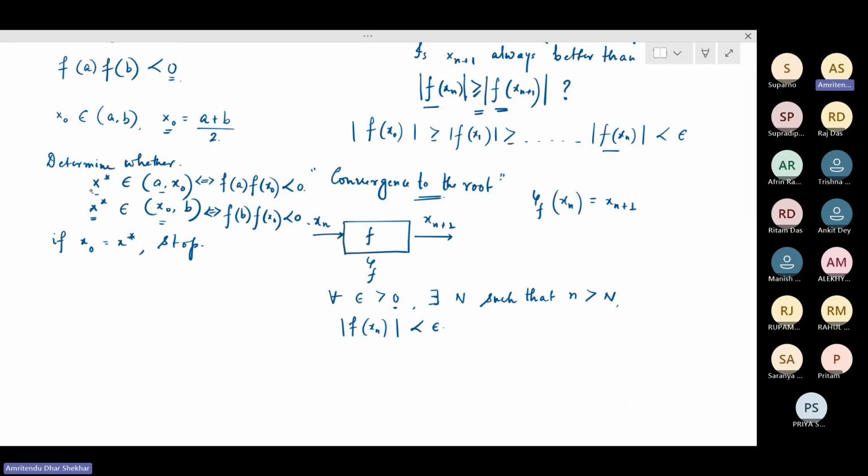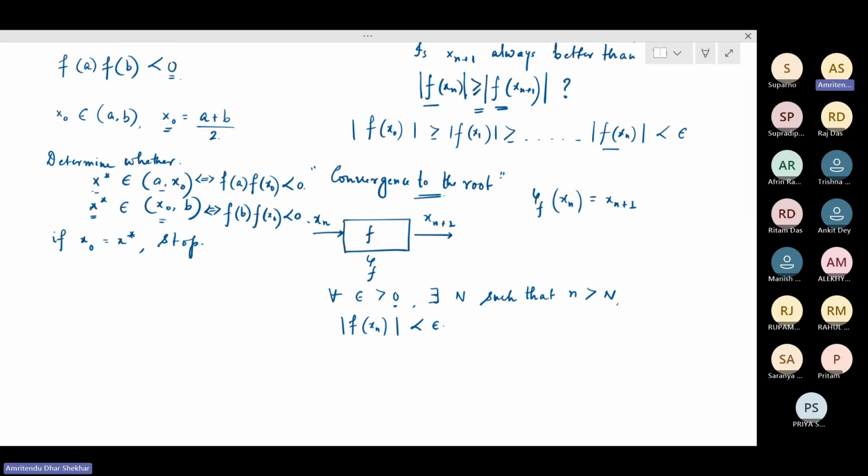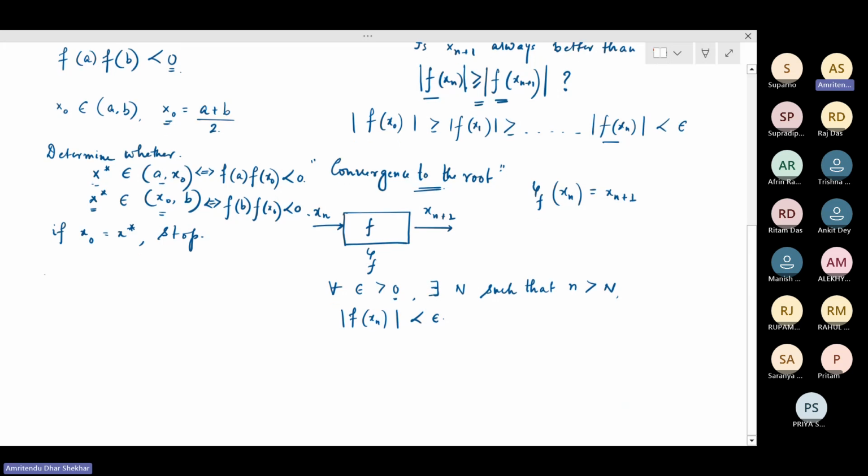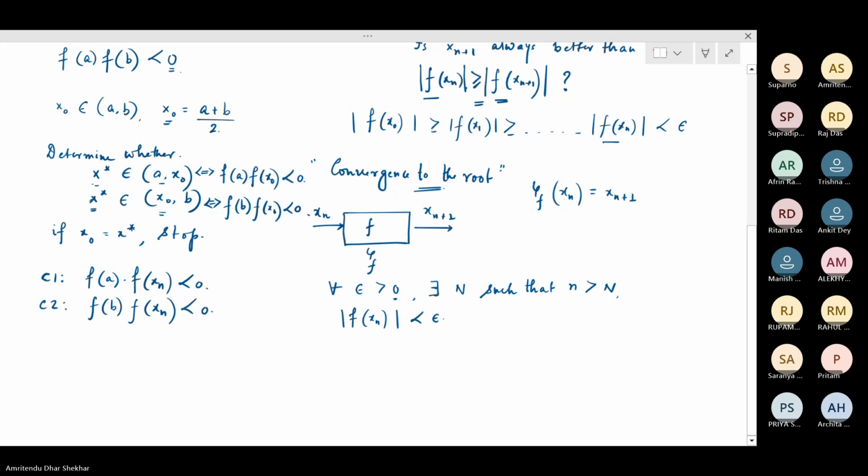Let me write it over here. We define two conditions. C1 is f of a times f of xn is less than 0, and C2 is f of b times f of xn is less than 0.